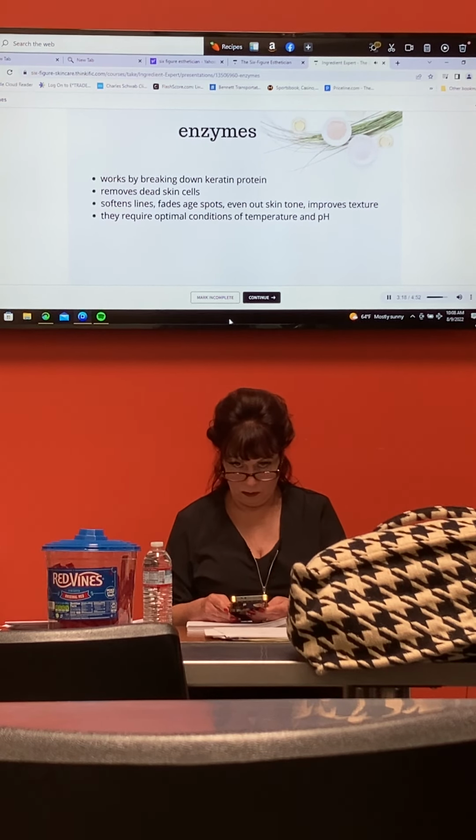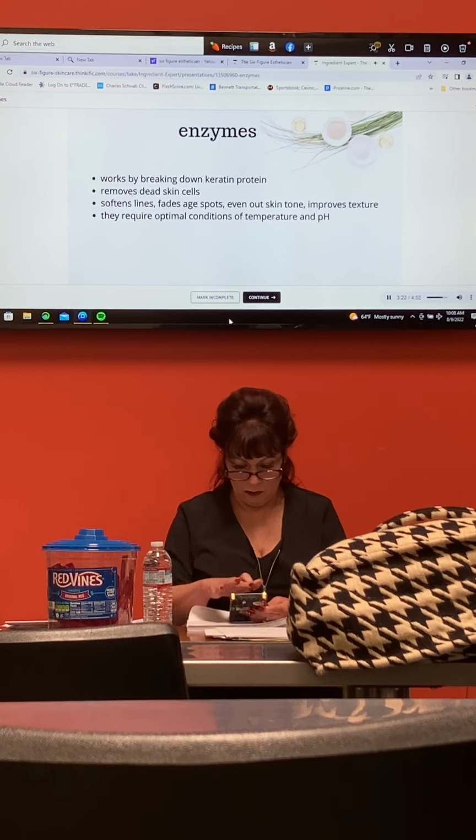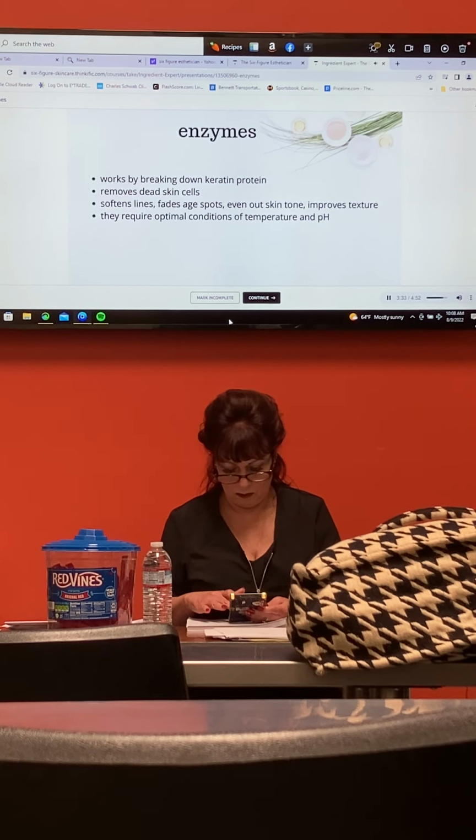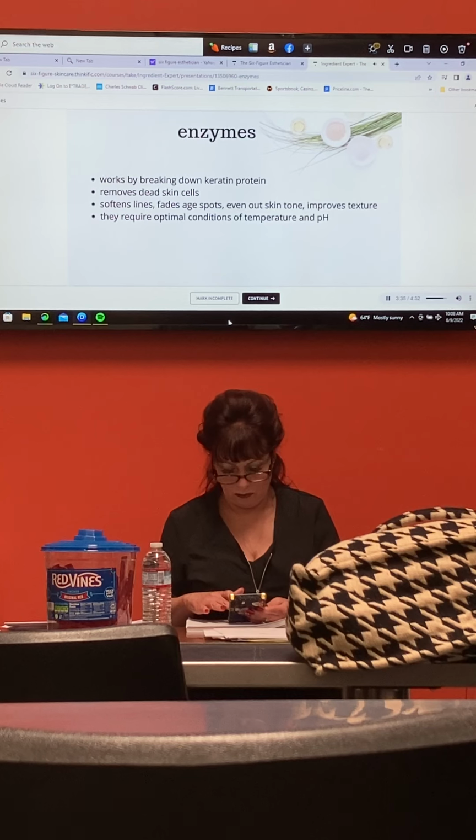That makes them a little more difficult to work with and challenging for chemists and skincare formulators as well. Changes in the pH and temperature can break down the enzyme and make it less effective and inactive when we're using it on the client.